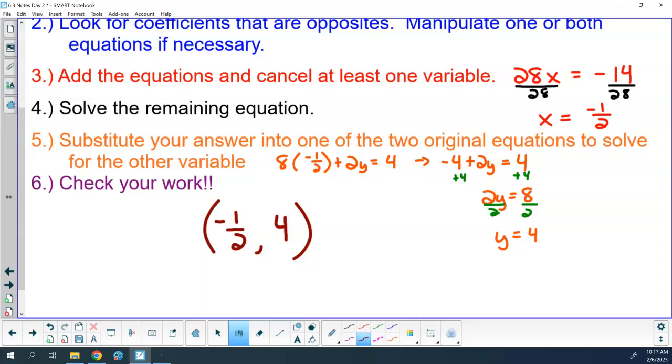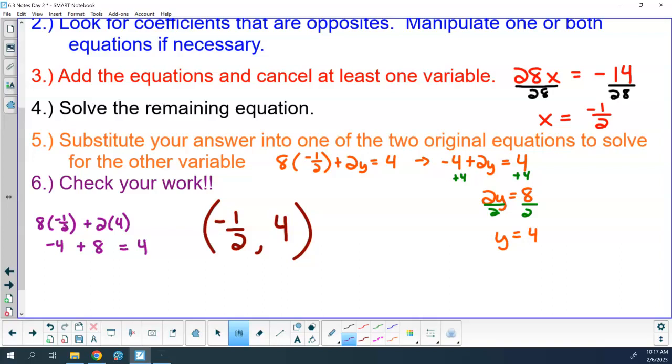So if we check it, 8 times negative 1/2 is negative 4. 2 times 4 is 8. Negative 4 plus 8 is 4. Equal to 4? Yes, checks out in the first one.